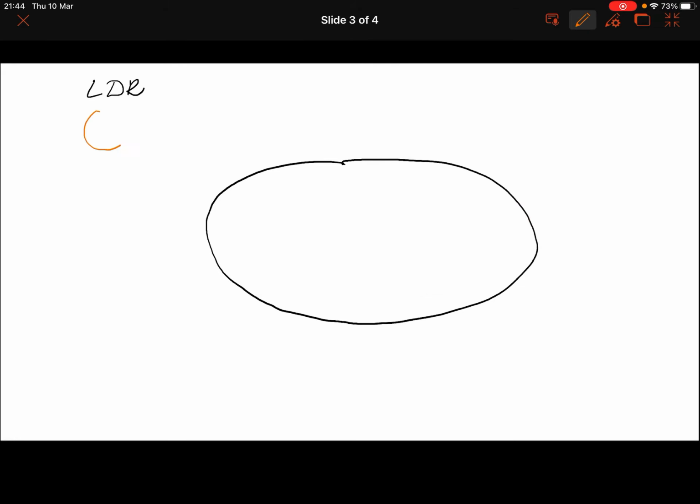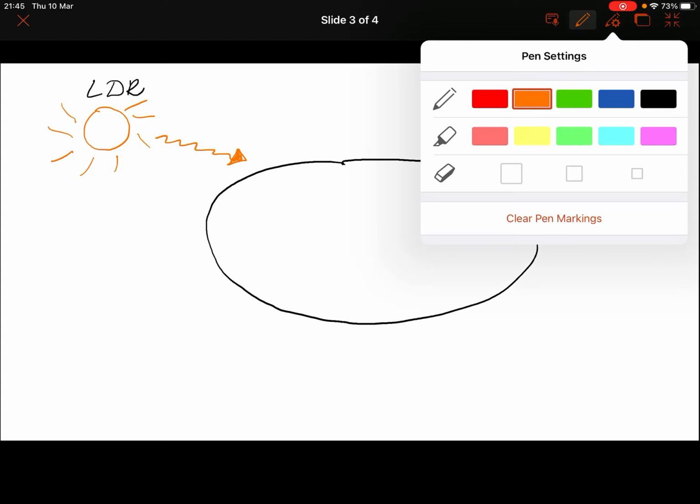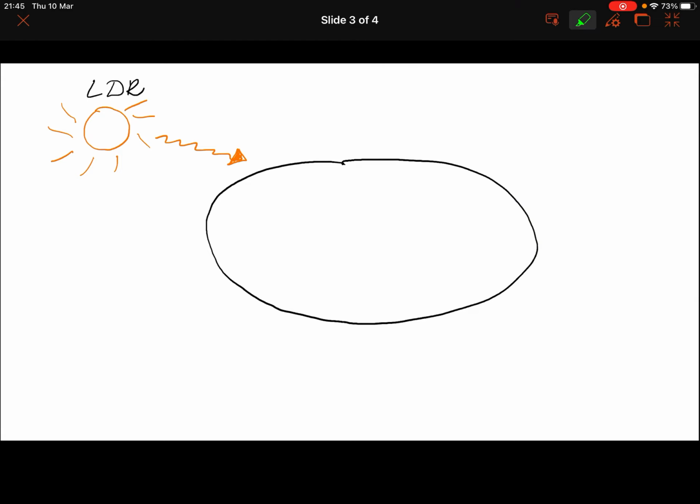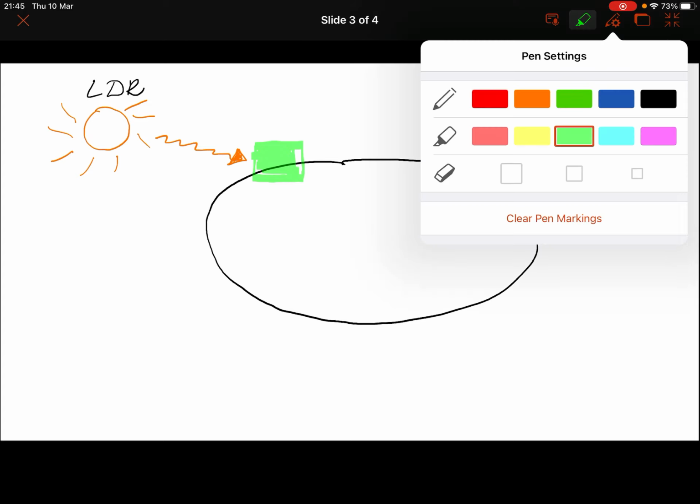So here we've got our source of the light energy, which is then absorbed by the chlorophyll. So this is the chlorophyll embedded in the thylakoid membrane.